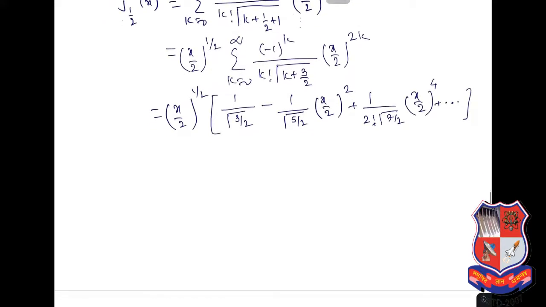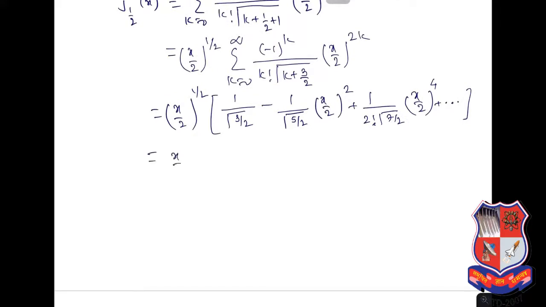Now k is 2. So when you take k to be equal to 2, this is a positive sign, 1 upon 2 factorial, gamma 7 by 2, x by 2 power 4 and so on.